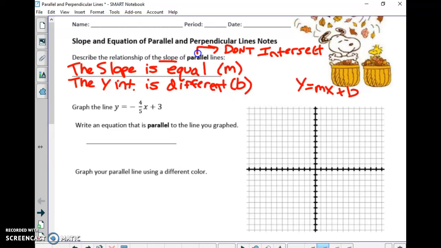Now, let's see what we remember from Algebra 1. If we have an equation, y equals mx plus b, raise your hand if you think you graphed the m first. Raise your hand if you think you graphed the b first. Thank you. So, b is the starting point, okay? Now, some people forget that, or they don't look up here, or maybe it's not there, right?